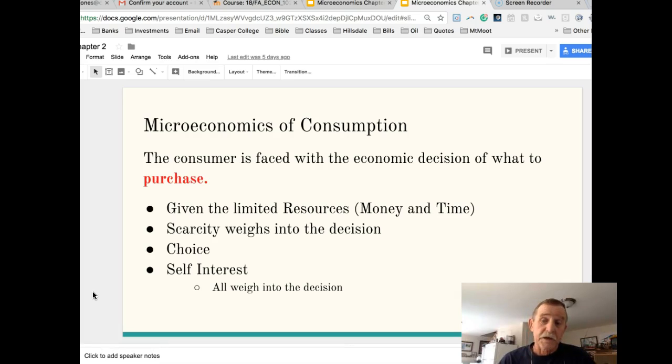We go to a fast food market because we want to get dinner and we want to get it now and we want to eat and get on to our next activity. So time is an element as well as the amount that we have to pay for those particular resources. So scarcity weighs into the decision. Money and time are scarce inherently. And those are the inputs.